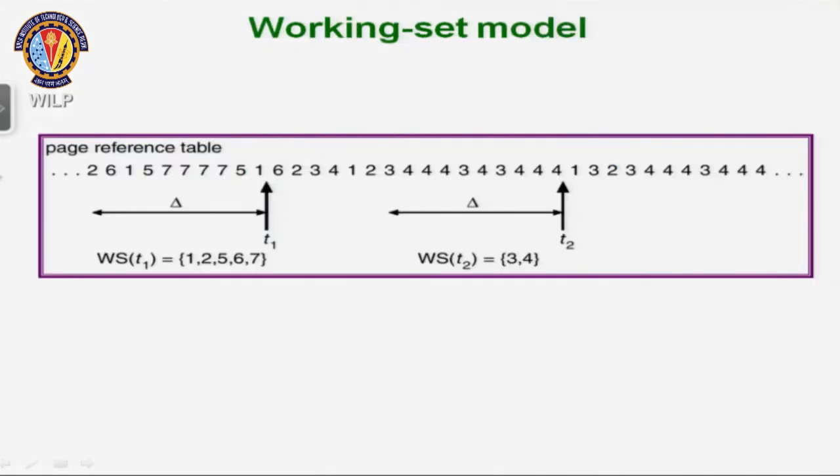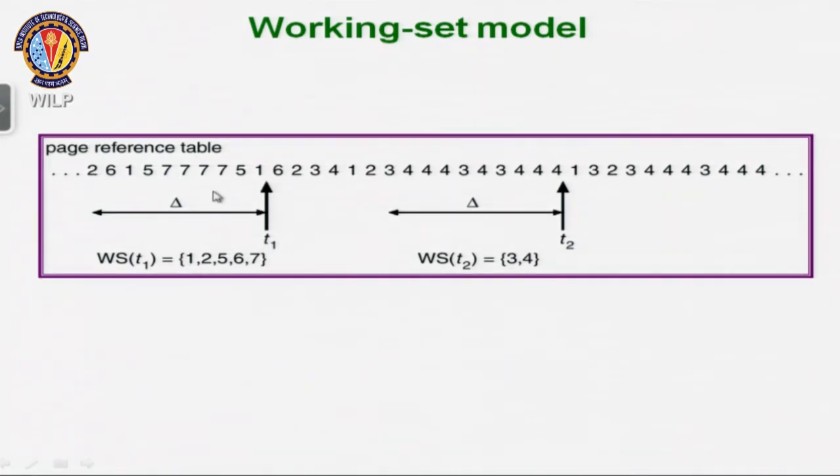Let us see an example. In this example, we are choosing a working set window of 10 references: 1, 2, 3, 4, 5, 6, 7, 8, 9, 10. In this window we create the working set WSSi at an instance t1.